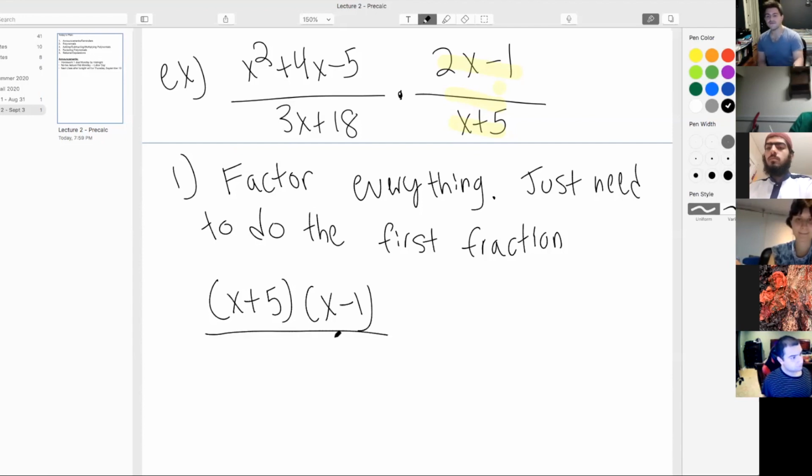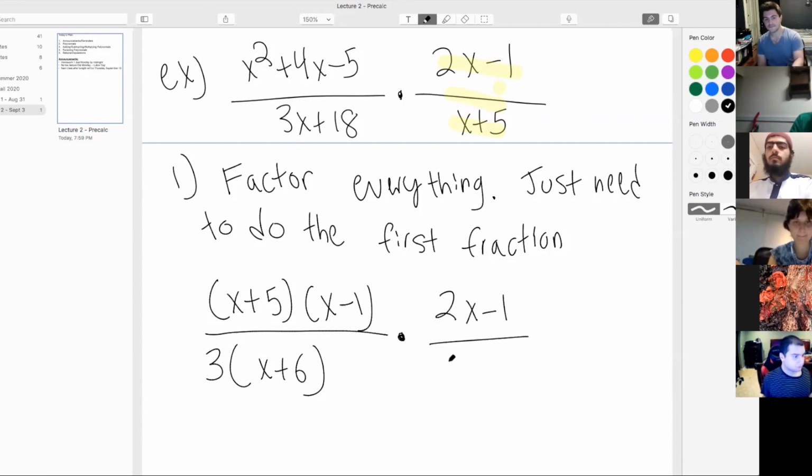And then we can factor by GCF in the denominator, so I can factor a 3 out. That'll be 3 multiplied by x plus 6. And the second fraction stays exactly the same: 2x minus 1 over x plus 5.